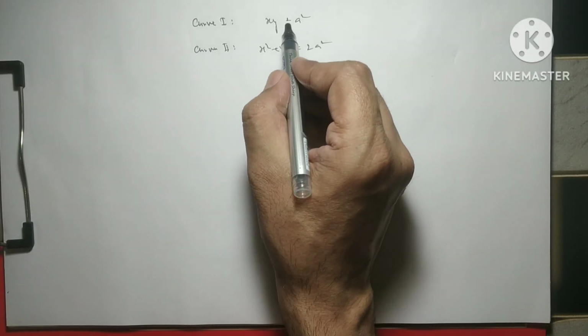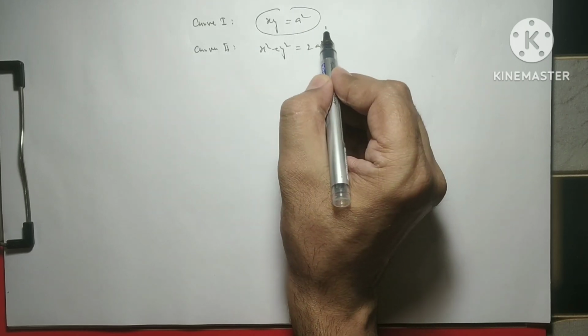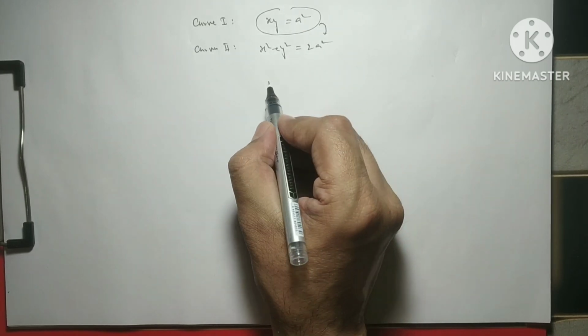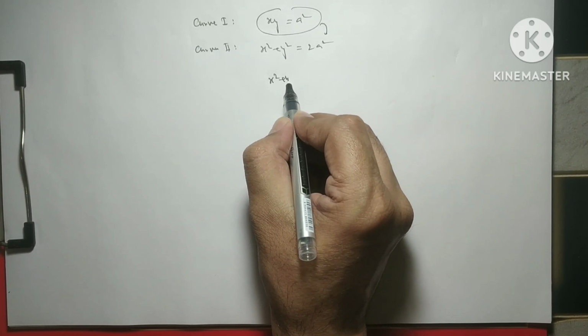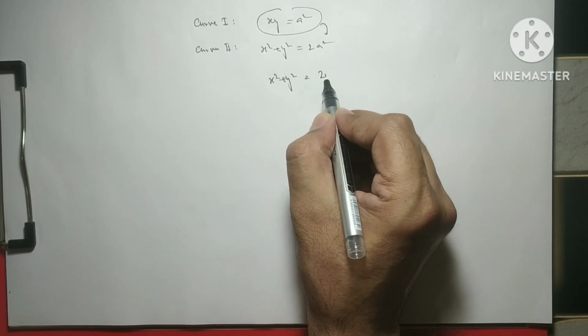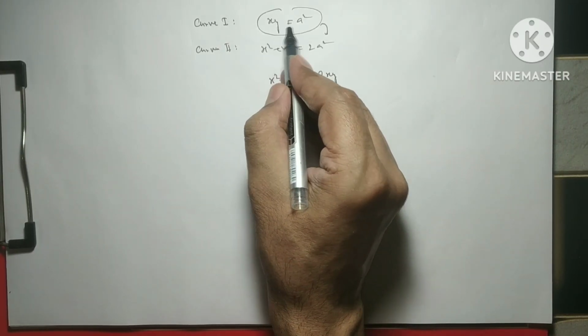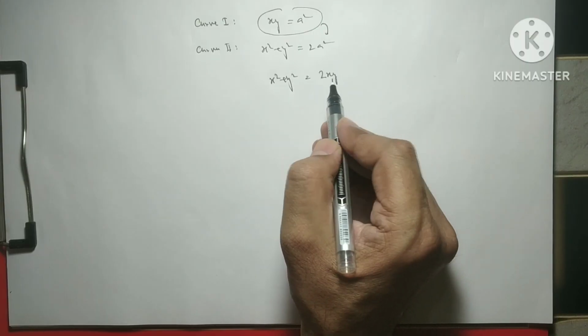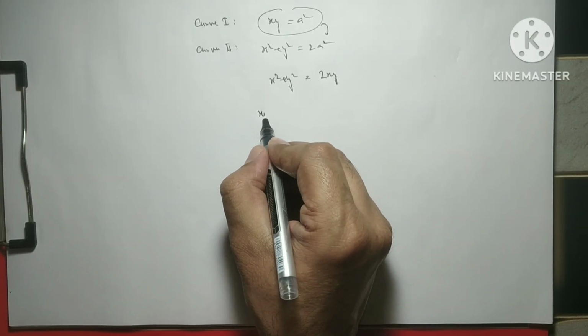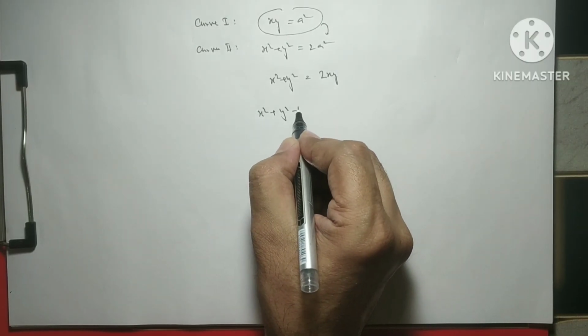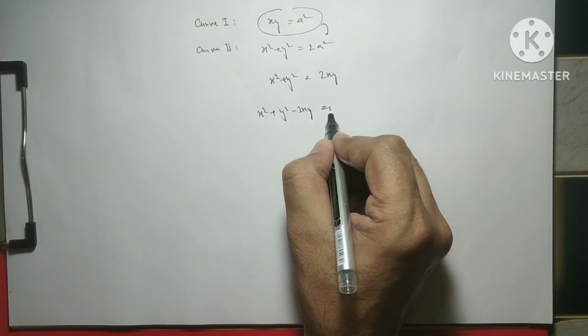So we put this value in this equation, a square. We get x square plus y square is 2xy, because xy is a square, so we put the value of a square as xy. It is x square plus y square minus 2xy equals 0.